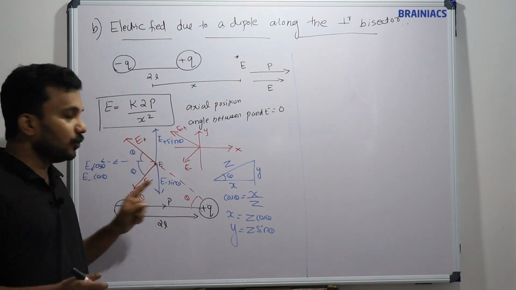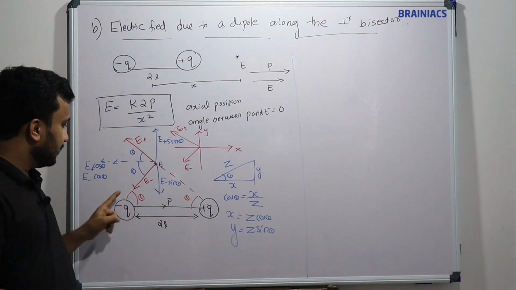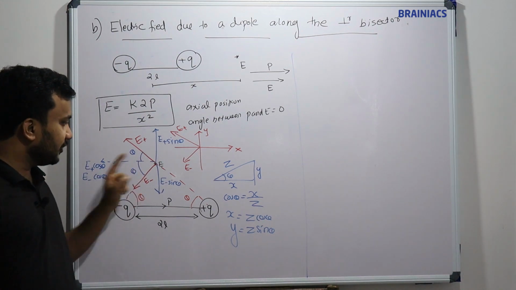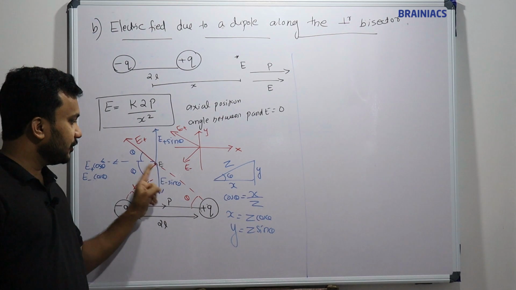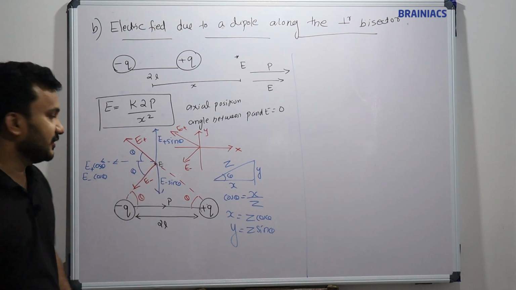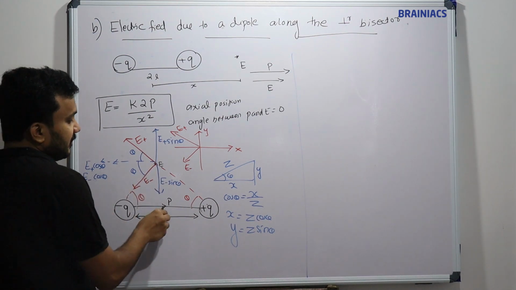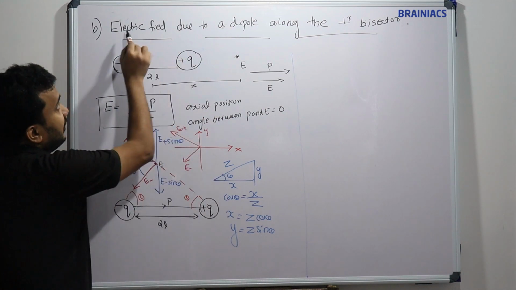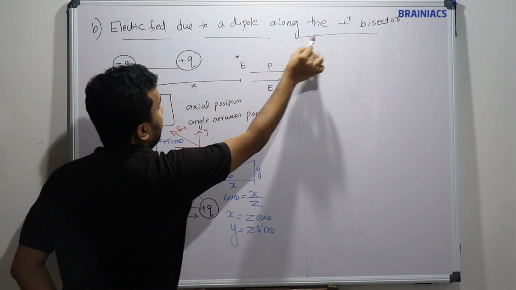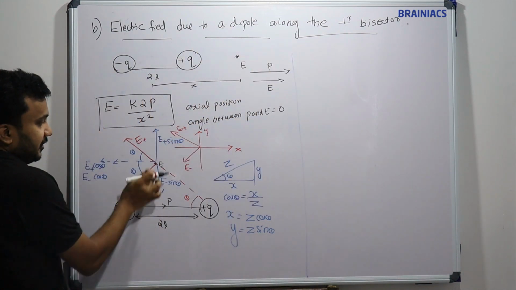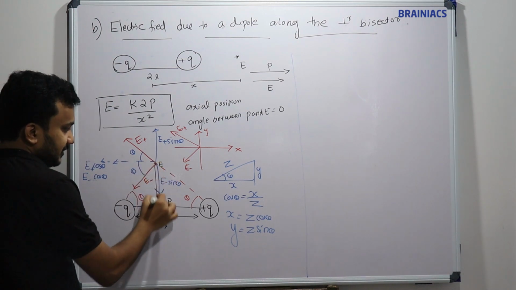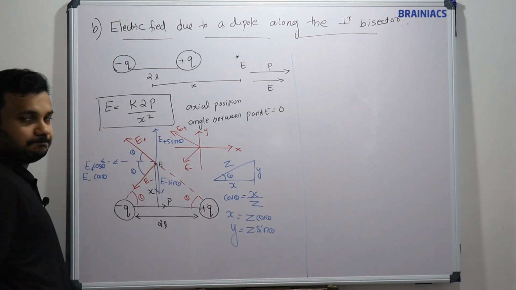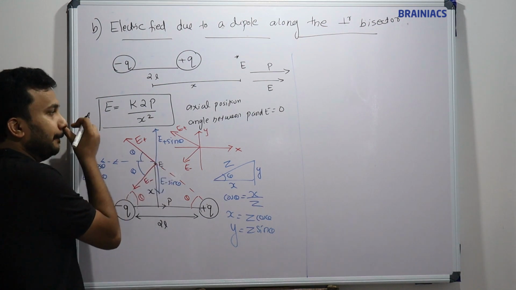So E plus is equal to E minus, because each is at the same distance from here to here. The distance from the bisector to this point, for the electric field due to a dipole along the bisector, I am taking as x, exactly from the middle.